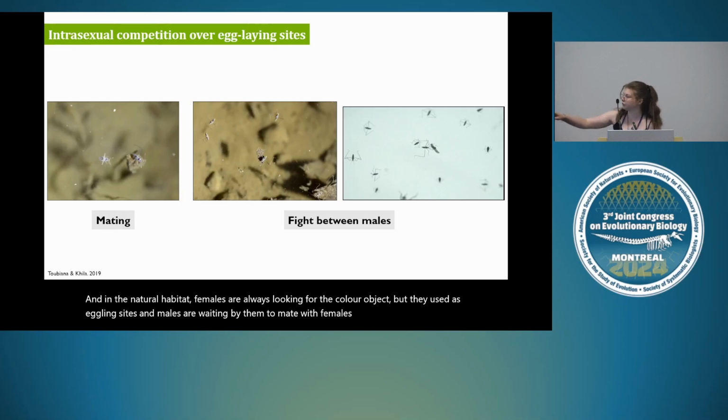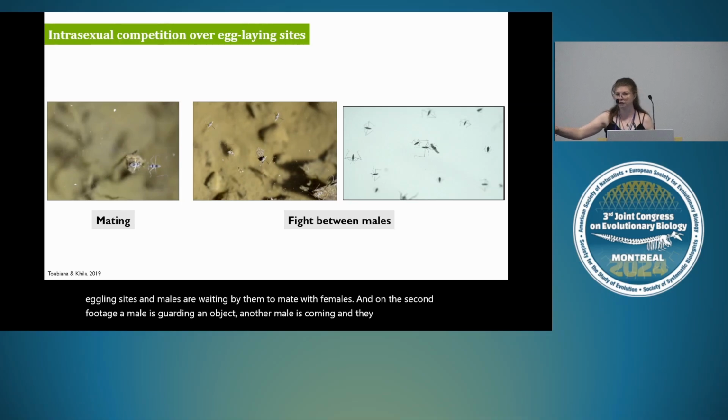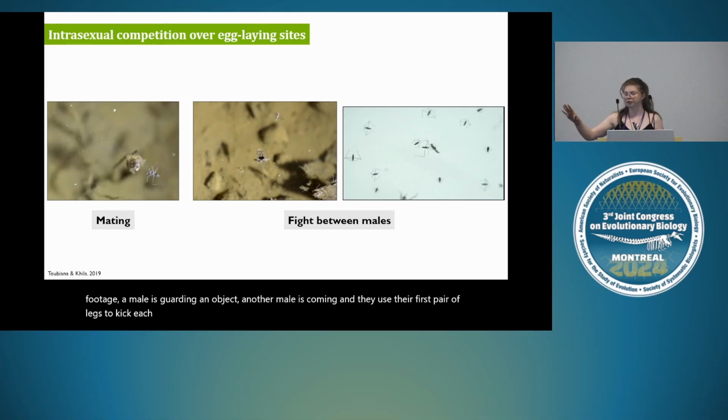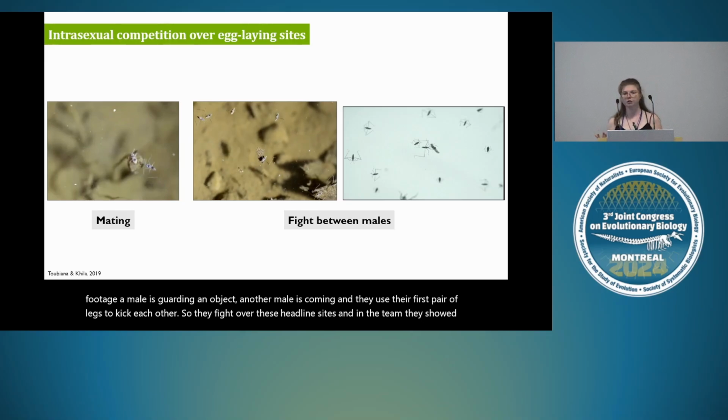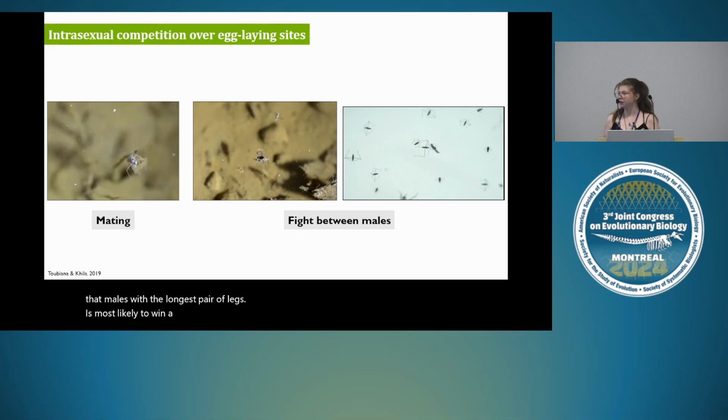And on this second footage, a male is guarding an object, another male is coming, and they use their third pair of legs to kick each other. So they fight over these egg-laying sites. And our team showed that males with the longest pair of legs are most likely to win a fight, and so to have access to more females and fertilize most of the eggs.